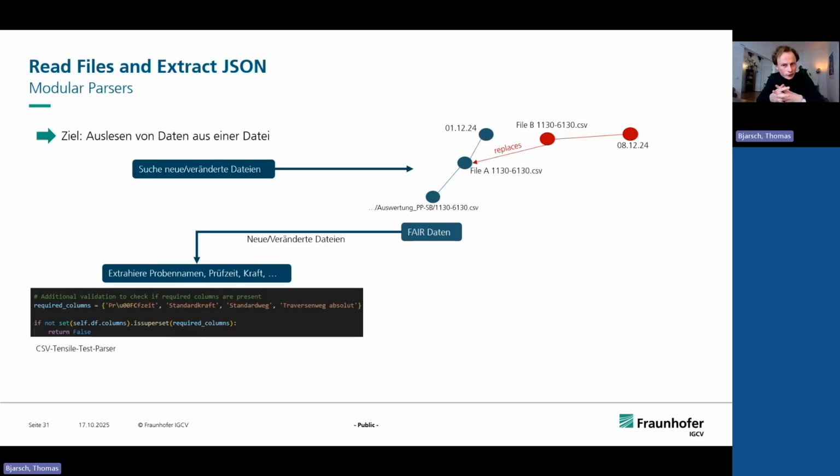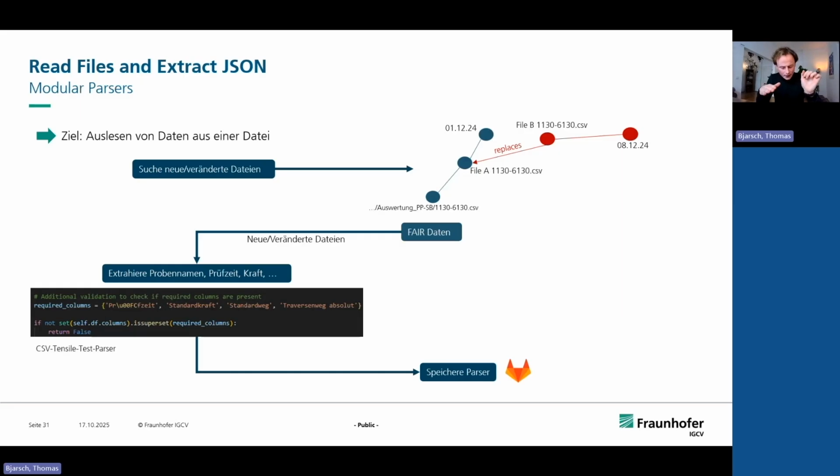A parser module is a separate Python script which always checks if a file is valid for this parser, for example, if it has a specific file format or contains specific columns in a spreadsheet. If this is the case, it reads in the data and outputs a more or less hard-coded JSON structure.